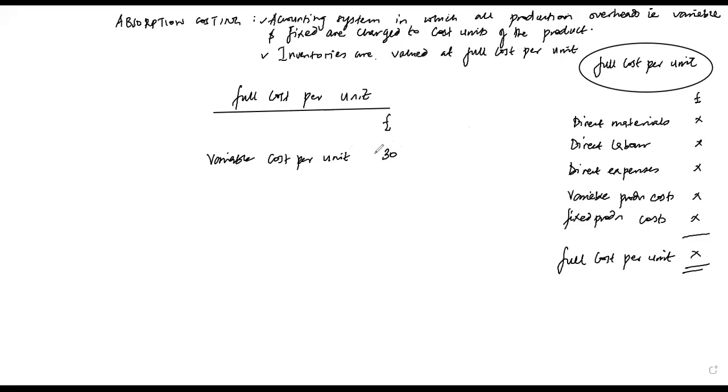The variable cost per unit is 30, but remember, we have to add the fixed cost per unit.